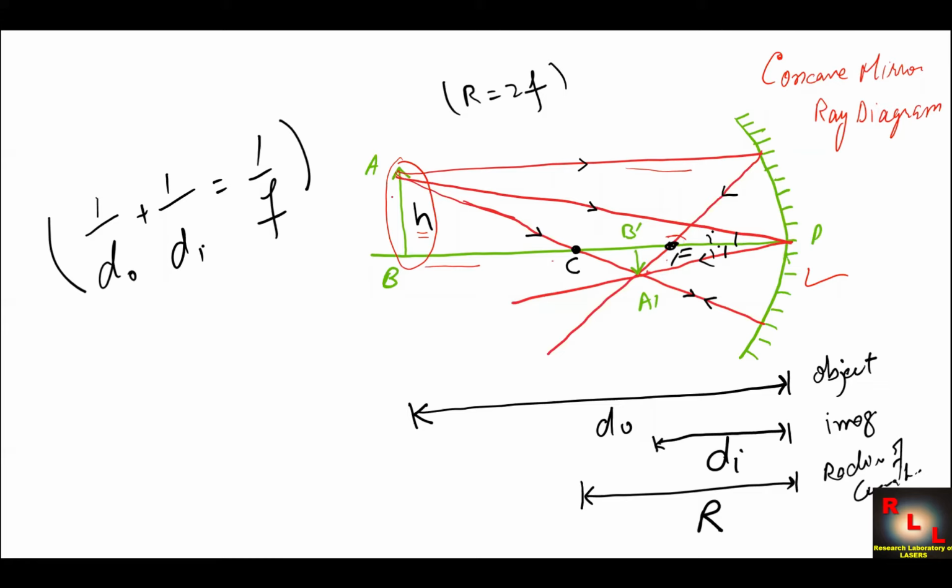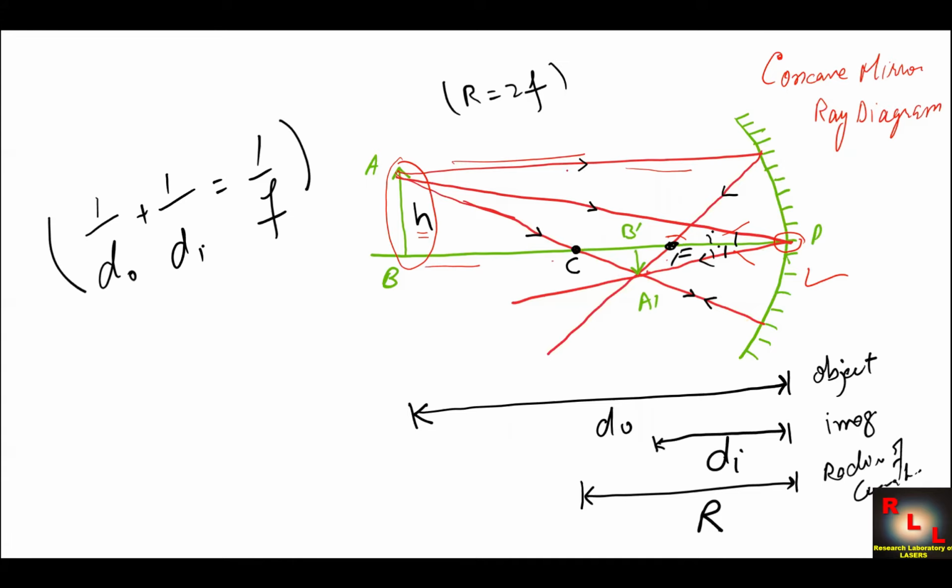Another ray starting from A moves towards the pole of the mirror, and it's reflected from there. In this case, the angle of incidence is equal to the angle of reflection. The third ray passes through the C here and retraces its path.